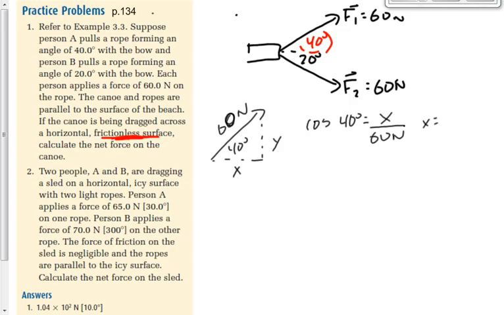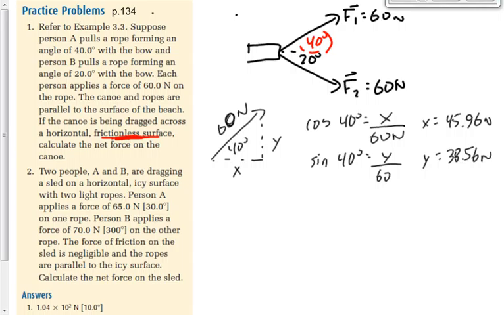What's x equal there? 60 times cosine 40. I know a number of you have that. Yep, 45.96 newtons. We're going to do the same thing for the y component. Sine 40 degrees is equal to the y component over 60. And what's the y component equal there? 38.56.